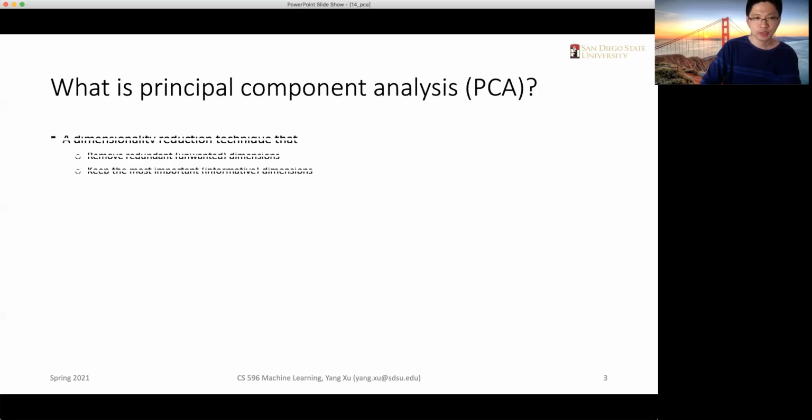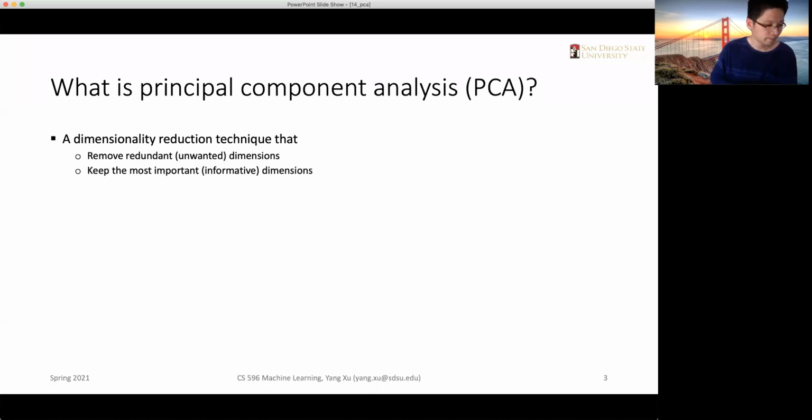So what is PCA? We can define it as a way to reduce dimensionalities in data, so that it can remove redundant dimensions.